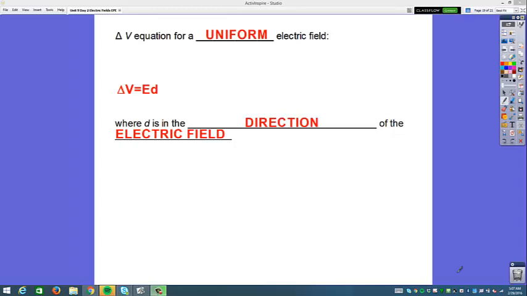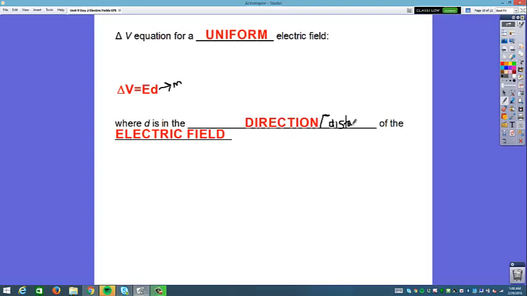Okay, D is again going to be your distance and direction in the electric field. So D is your distance, still measured in meters. E is going to be your electric field, measured in newtons per coulomb.